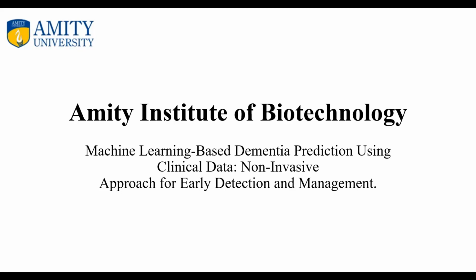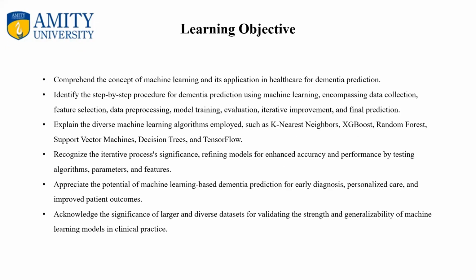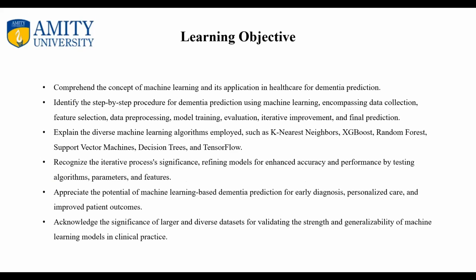Moving on to the learning objective. You are all able to understand machine learning in healthcare, learn the step-by-step approach: data collection, pre-processing, model training, evaluation, iterative enrichment, and final prediction. Understanding the algorithms like KNN, XGBoost, etc. for predicting dementia.